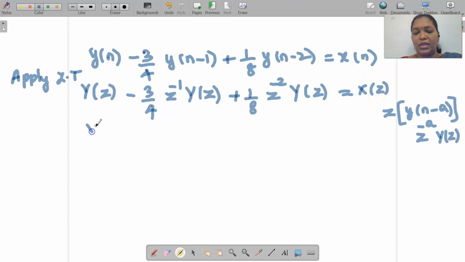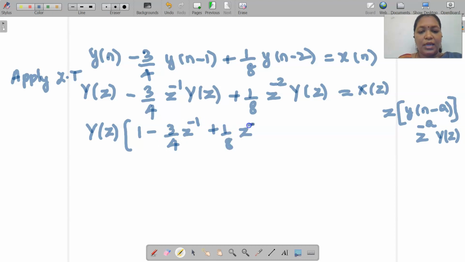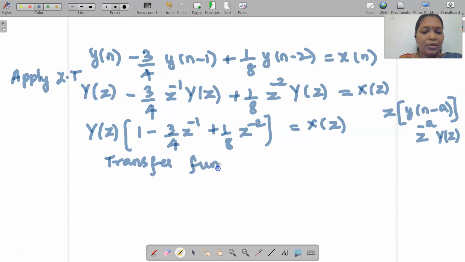So in the left hand side, take Y of z commonly outside. So we have 1 minus 3 by 4 z inverse plus 1 by 8 z power minus 2, and in the right hand side, we have X of z. So we know the transfer function or system function is given by H of z, which is Y of z by X of z.